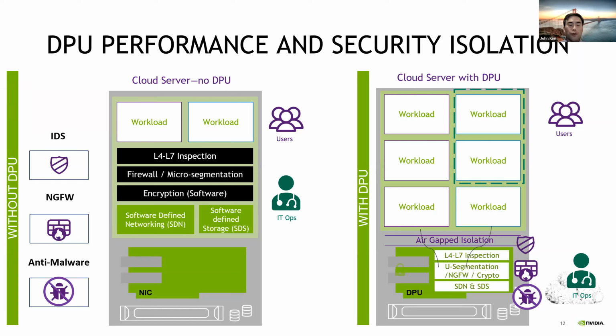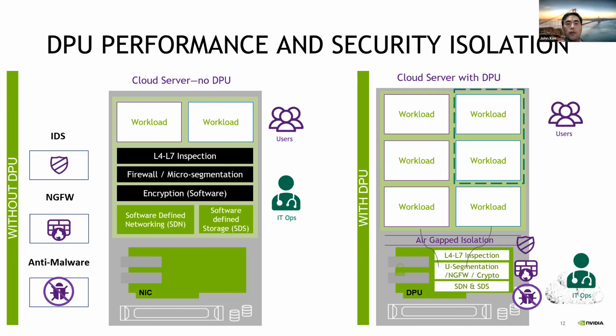And if the hypervisor or the operating system or one of the containers is hacked, there's a good chance the malware is going to turn off the security software or find a way to hide from the security software. So on the right side, we show, what if I use a DPU? I get performance isolation and security isolation. So now the CPU just focuses on running the applications.